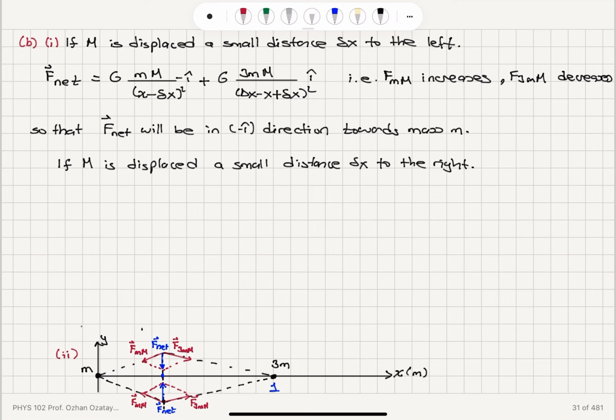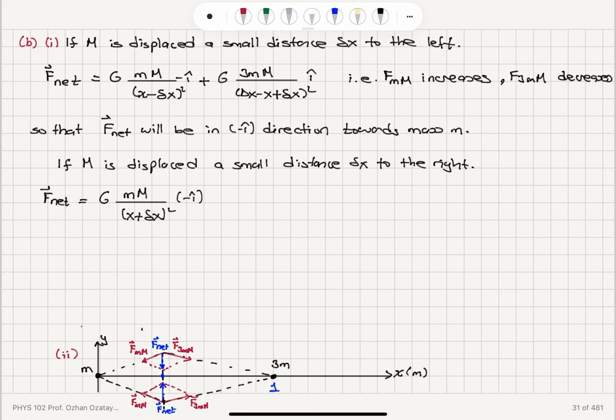The net force, F net, now that I'm increasing the distance between m and capital M, will become G m capital M divided by (x plus delta x) squared in the minus i hat direction.